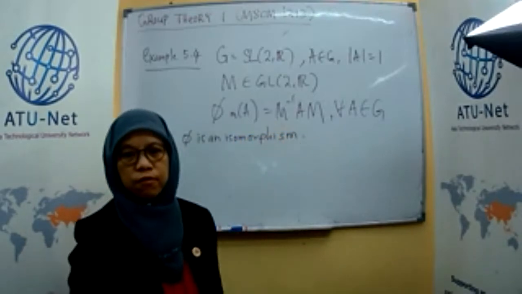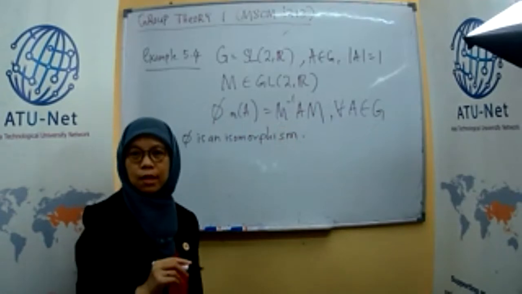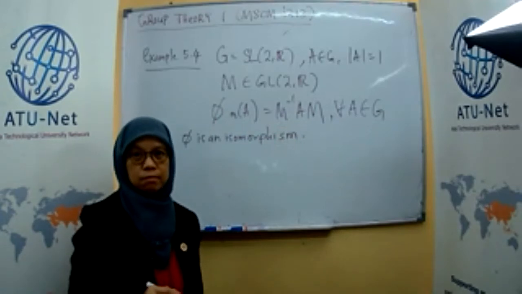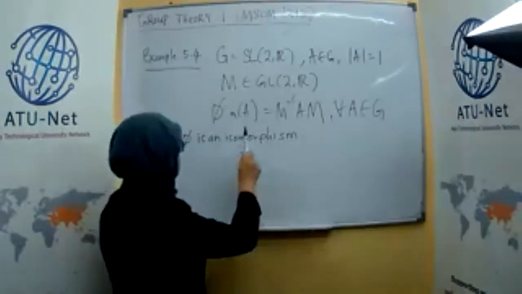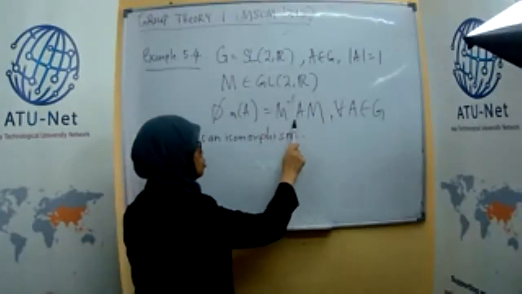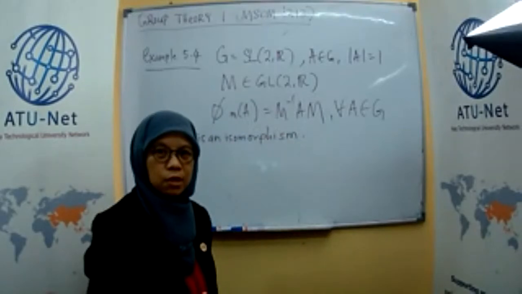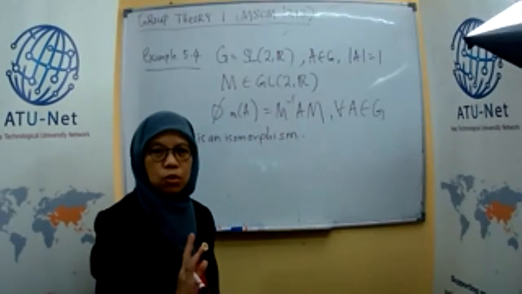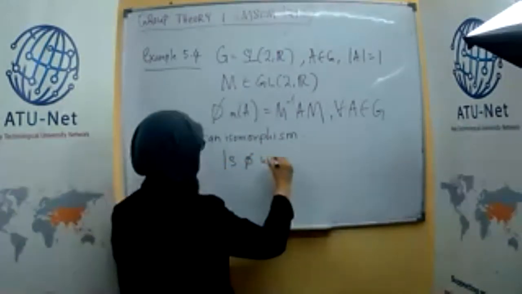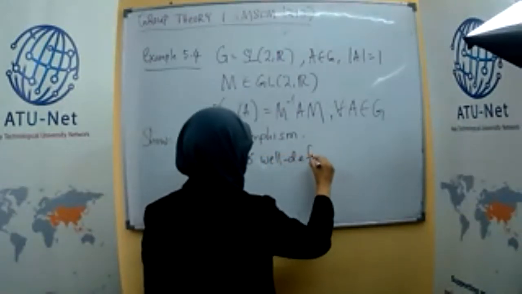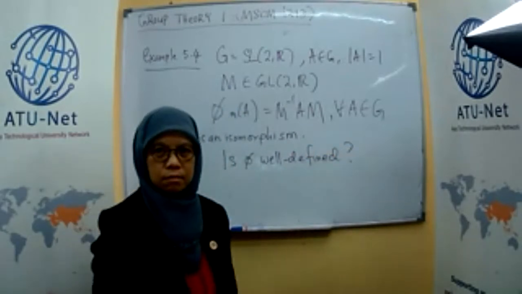First of all, you have to show that this mapping is well defined. Well defined meaning, if you map A, do you get something in G? Even before you check one-to-one, onto, homomorphism, is it well defined?